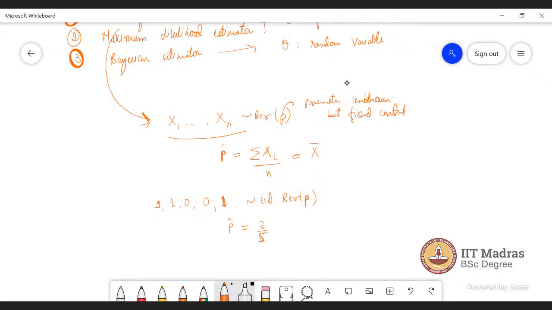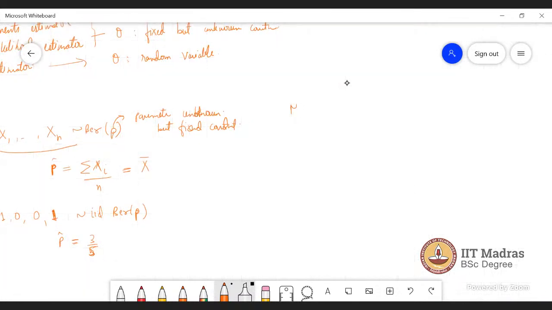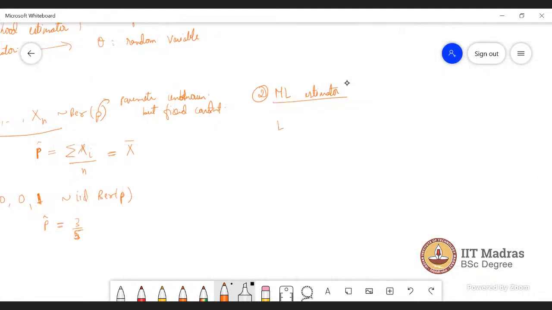Similarly, in case of maximum likelihood estimator, we have some samples, and the first thing that we do is find the likelihood function. So you have some samples, let's say x1 to xn, and you have the parameter theta.